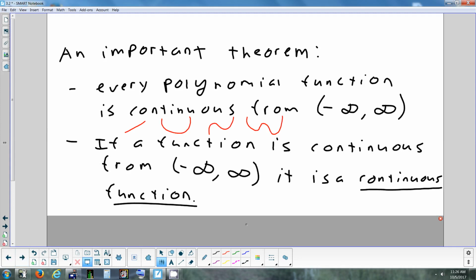So all polynomials are continuous functions. So what if I gave you a polynomial and asked you to find an interval where it was discontinuous? What would you say? It's not possible. It's impossible. There are no discontinuities in polynomials.